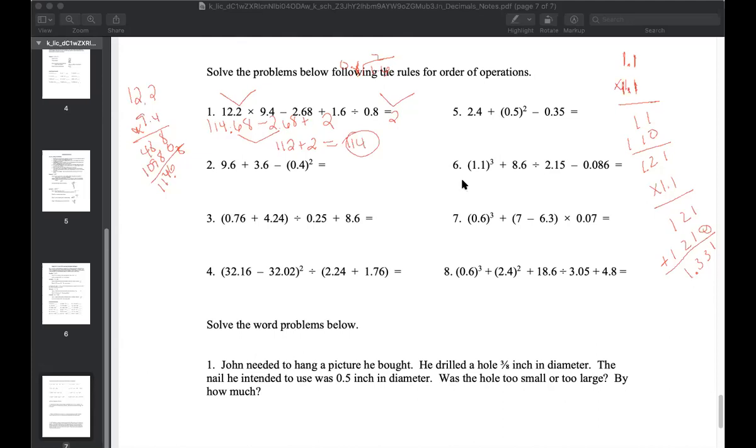You said multiply by itself. So 0.5 times 0.5. Oh, okay. I think I'm doing this wrong.